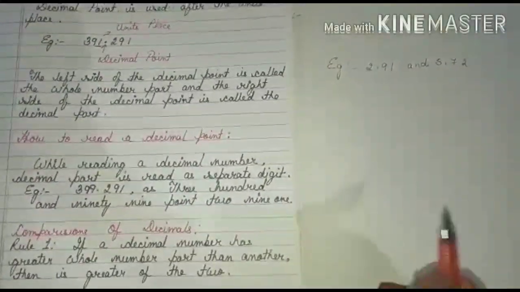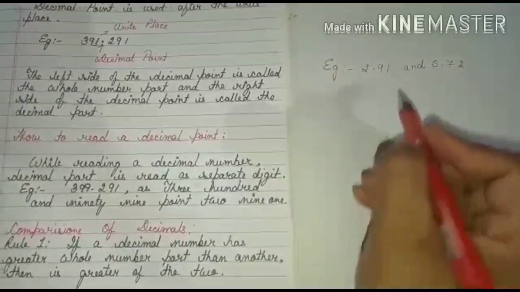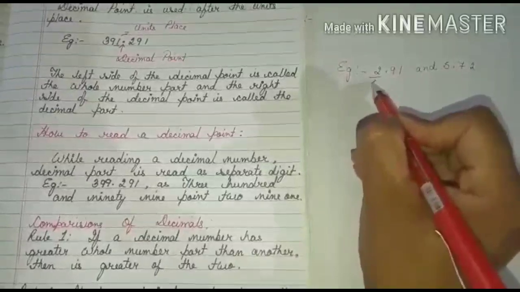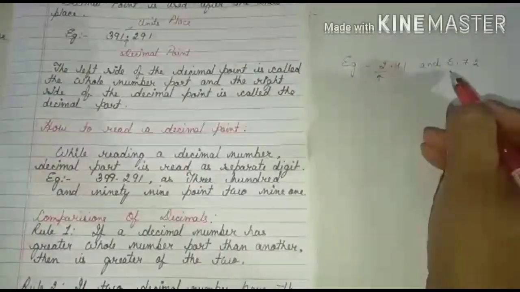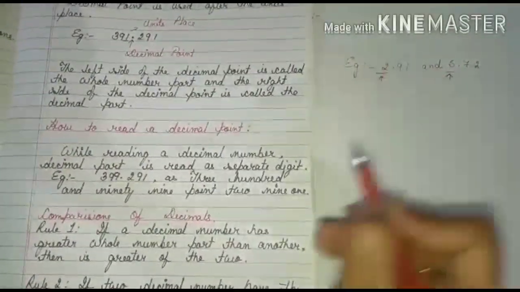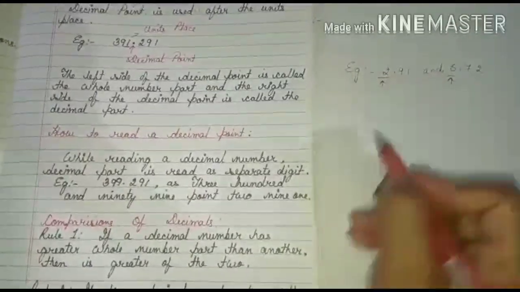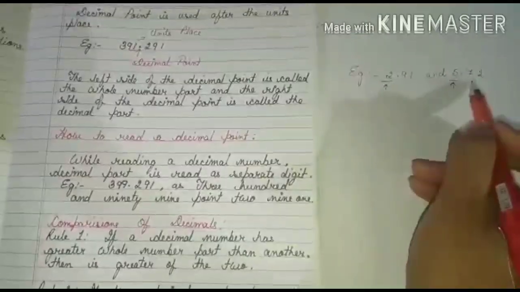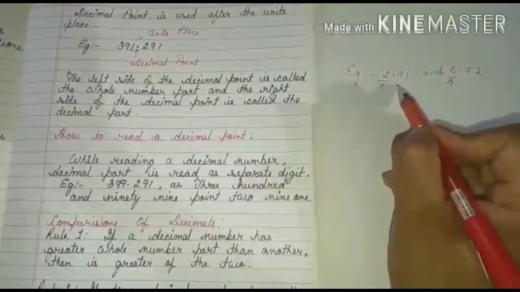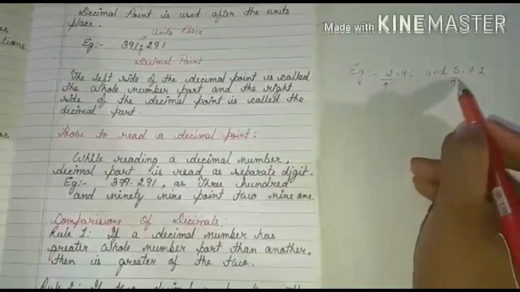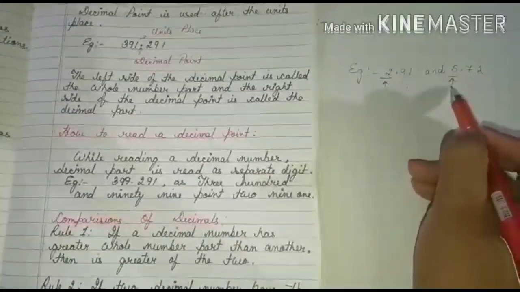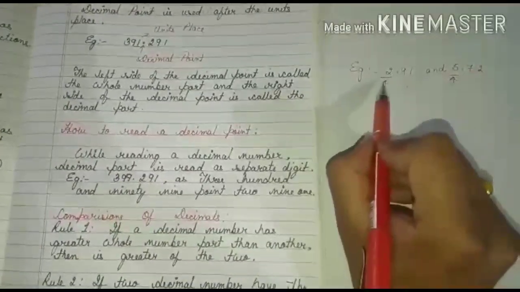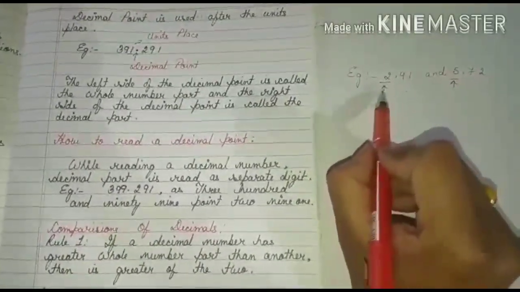According to rule 1, in the first decimal number the number in the whole part is 2, and in the second decimal number the number in the whole part is 5. When we compare 2 and 5, 5 is greater. So among these two decimal numbers, 5.72 is greater than 2.91. Why? Because the whole number part of the second decimal number is greater than the whole number part of the first.